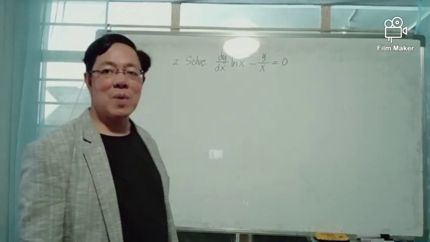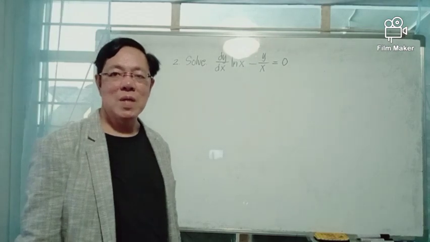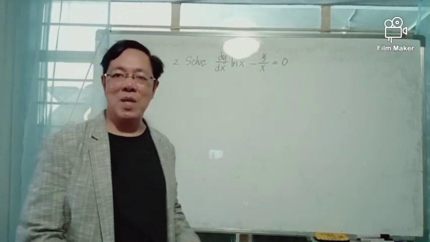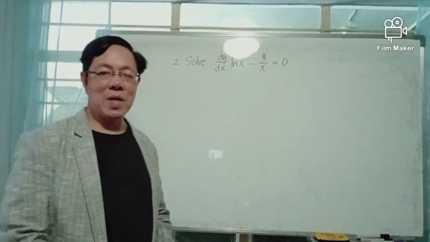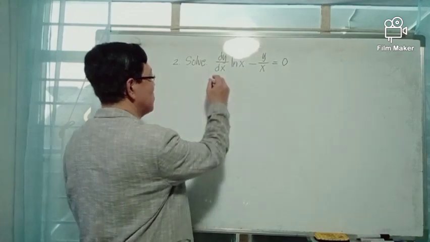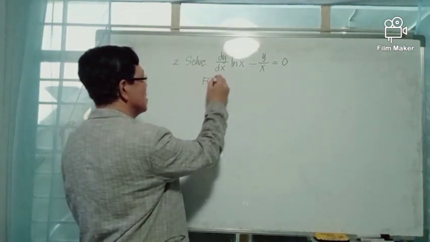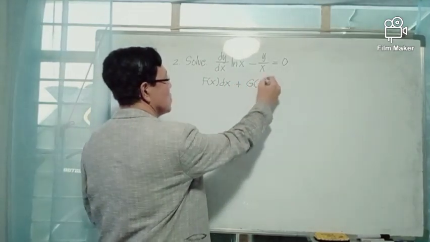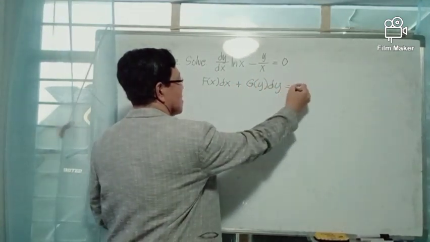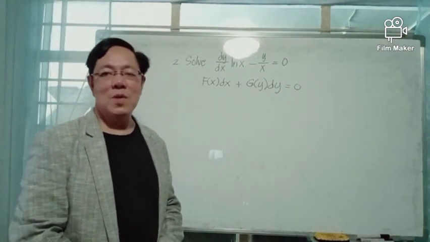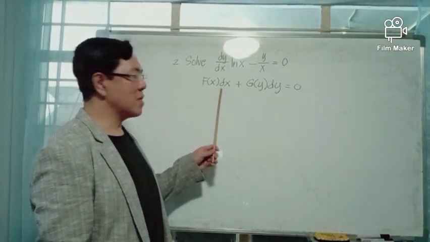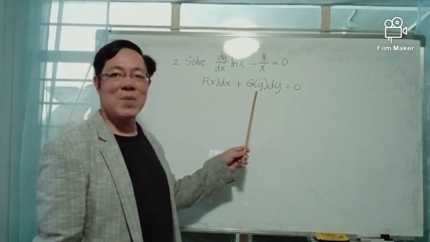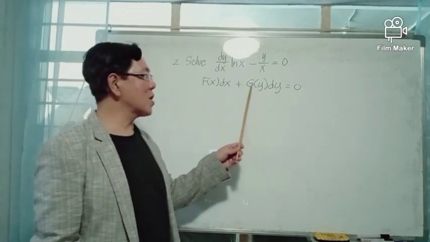And we will solve this by separation of variables, which means that if this differential equation can be solved by separation of variables, we should be able to write it in the form f of x dx plus g of y dy equals 0, which means that the coefficient of the differential of x should be a function of x only, and the coefficient of the differential of y should be a function of y only.